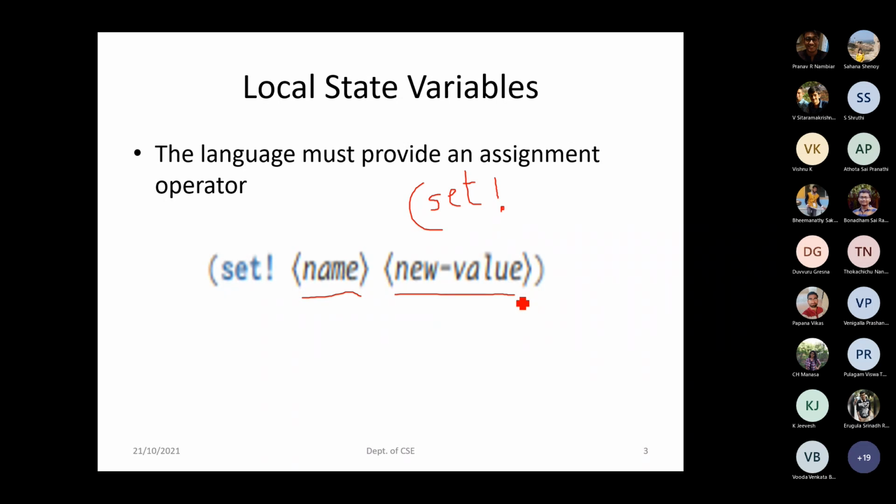Why can't we go ahead with define? How is set different from define? When we use define, whenever you are creating a variable, you are giving a new location for that particular variable.